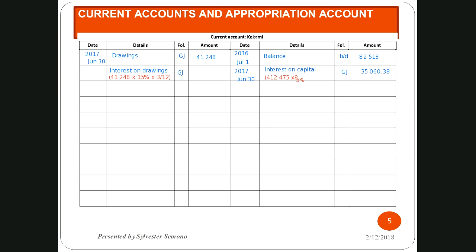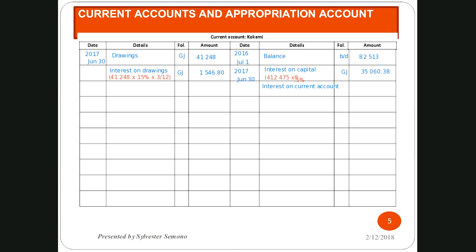We must also have interest on current account. Because the current account balance is positive, we're going to give him interest. So his interest on current account will come on the credit side, unlike Sylvester's current account interest, which went to the debit side because he had an unfavorable balance. So here, let's calculate the interest on the current account. The current account balance is 8253.